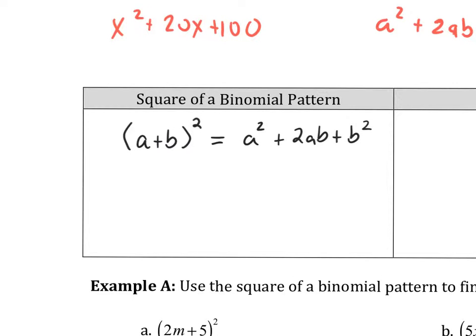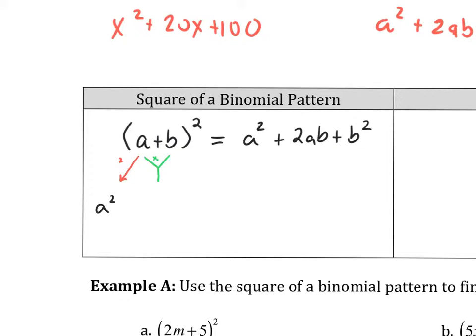First off, when you see that you have a binomial squared, you can just use this little M pattern here. You take the a and you square it. So you get a squared. Then you multiply these two things together, a times b, and you double it.